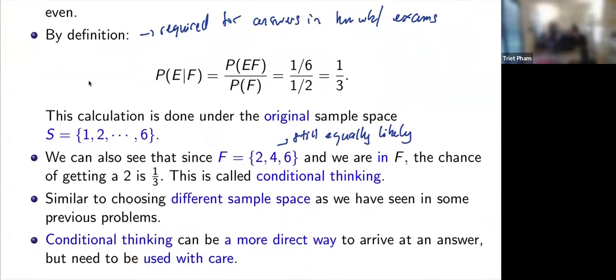It can give you a more direct way to get to the answer, but it has to be used with care. So we're not going to allow that for formal answers, but we're going to use that for intuition building. Okay. Now, any question about this?